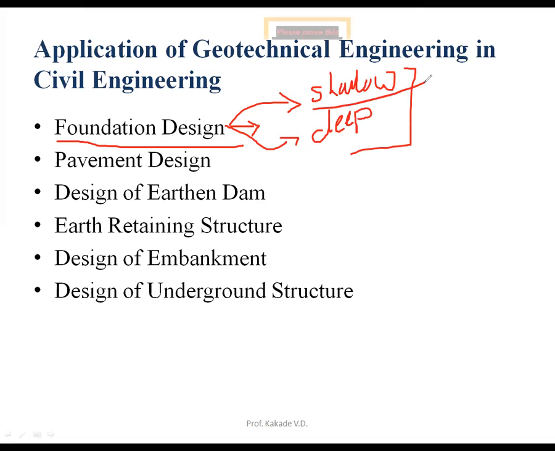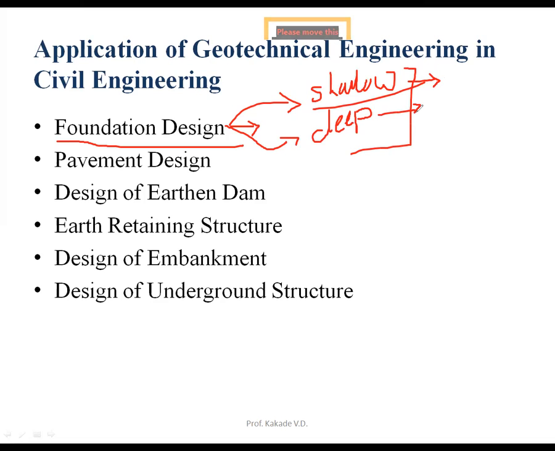The shallow foundation is the foundation we provide when there is a hard stratum near the ground level. When the hard stratum is not available, the soil is like black cotton soil or bentonite, or a soil with very little bearing capacity, then a deep foundation is provided.